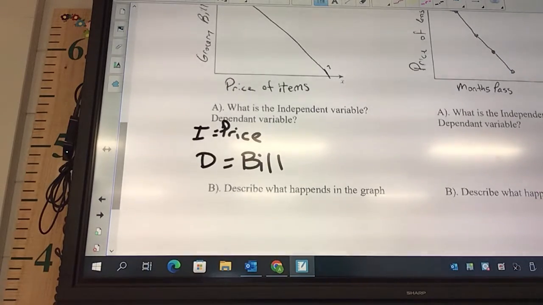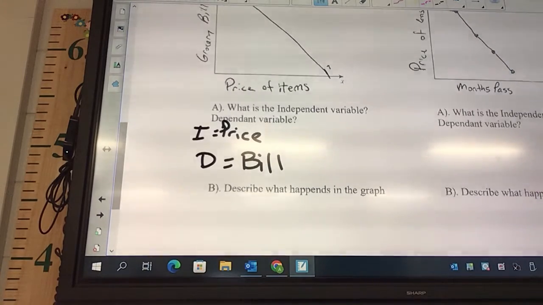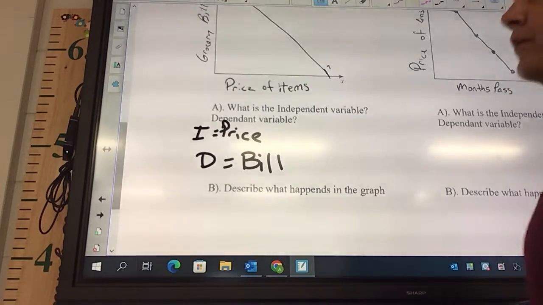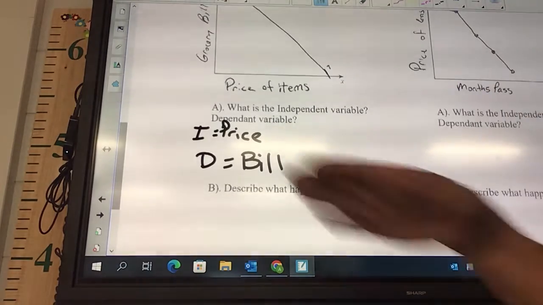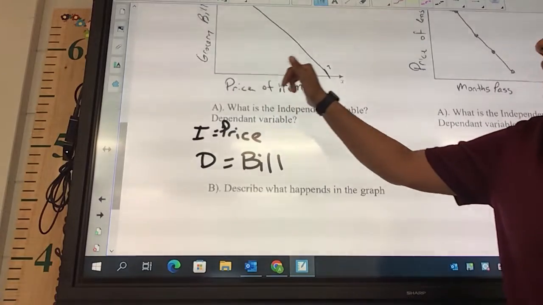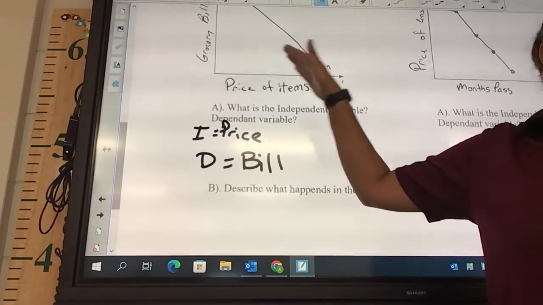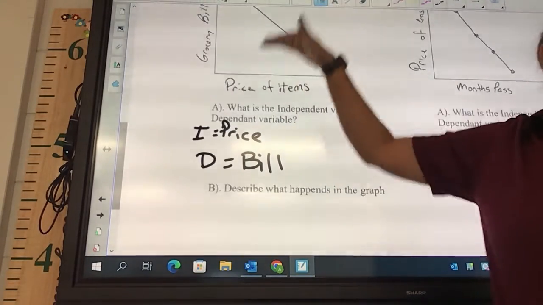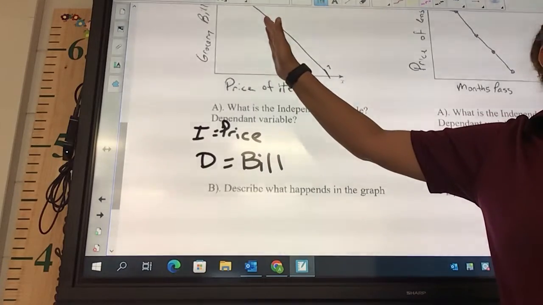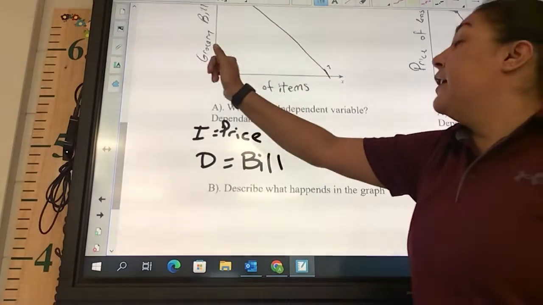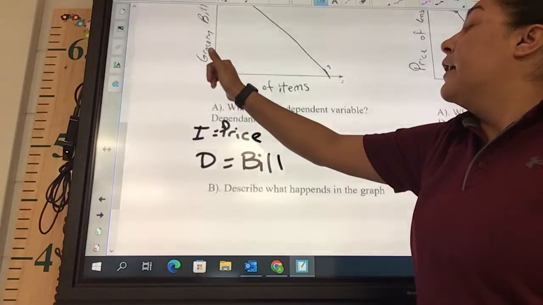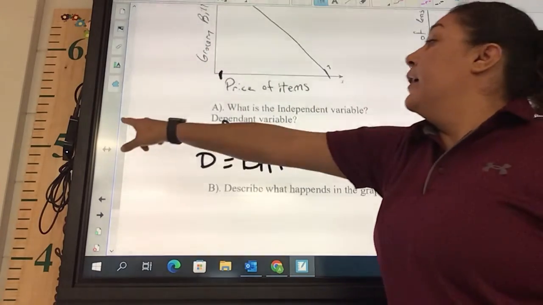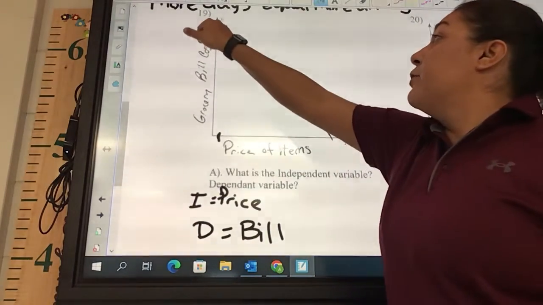Okay? Describe what happens in the graph. So what happens as our price of items increase? What's happening with our grocery bill? It's going down. We can see that up here our items are up here, my grocery bill's up here.